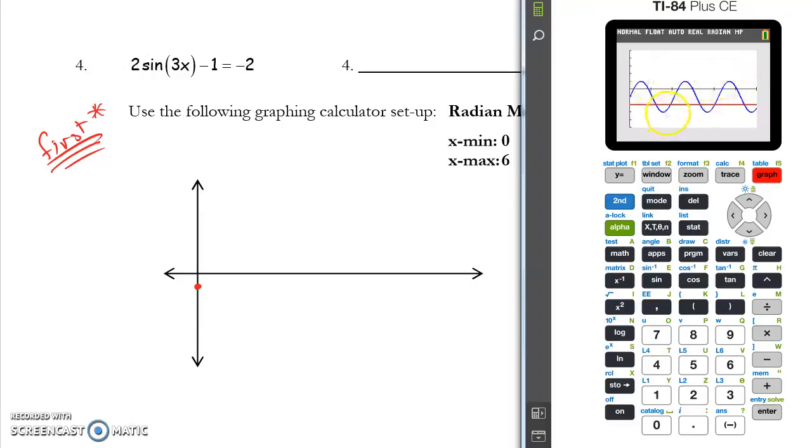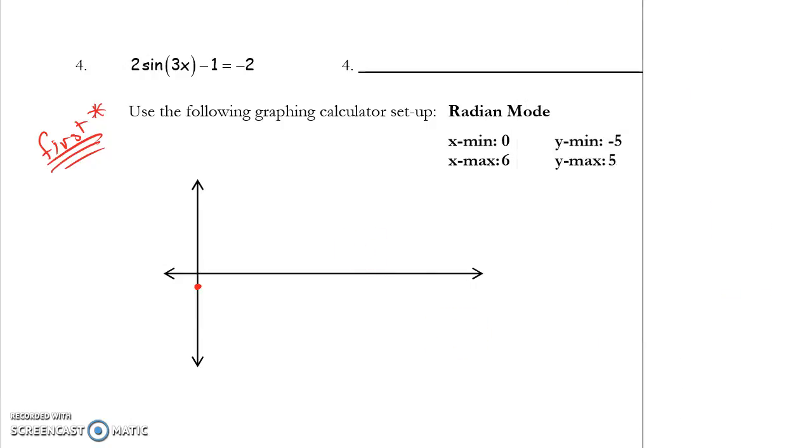So 3 maximums, 3 minimums before I get to the end. So I'm going to have a maximum, and it's just barely above, minimum, maximum, minimum, maximum, minimum. And then you can go ahead and sketch that curve. It's just curving up and down, and you can stop.